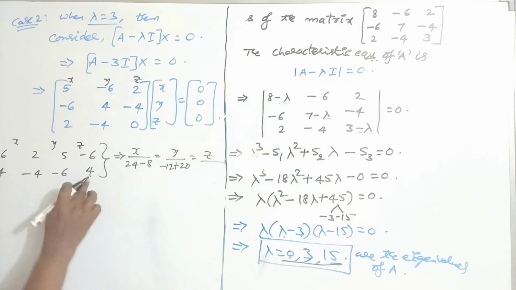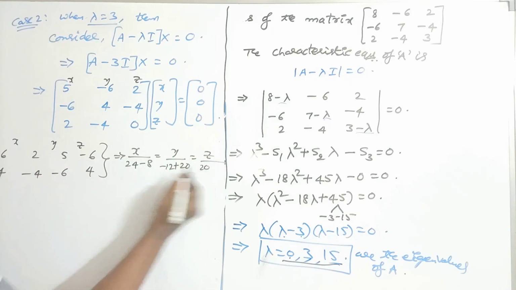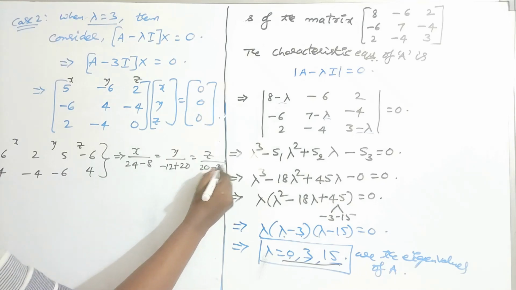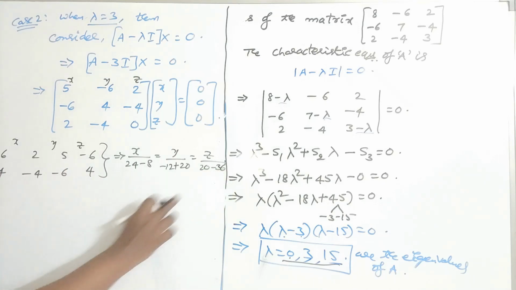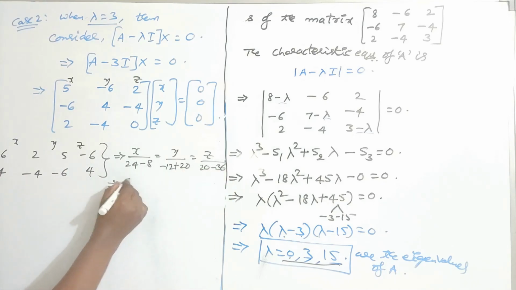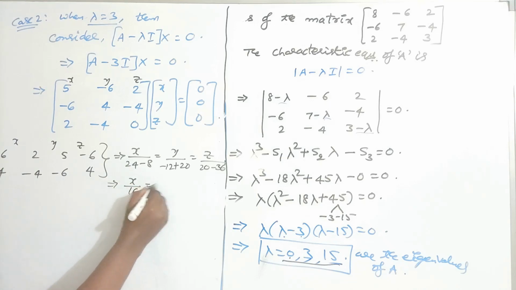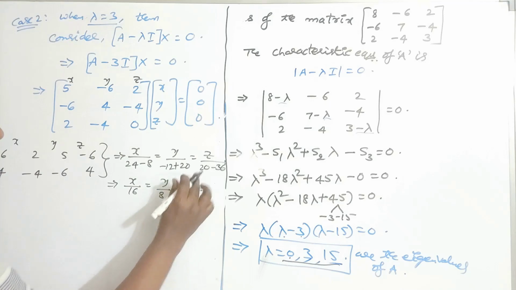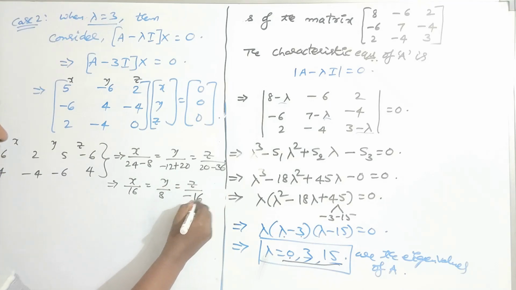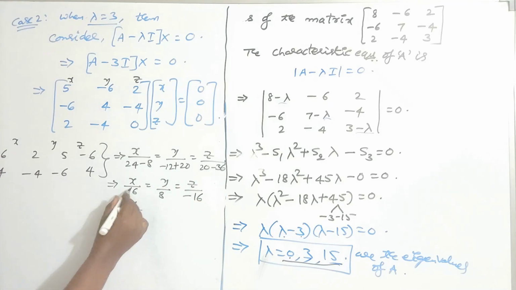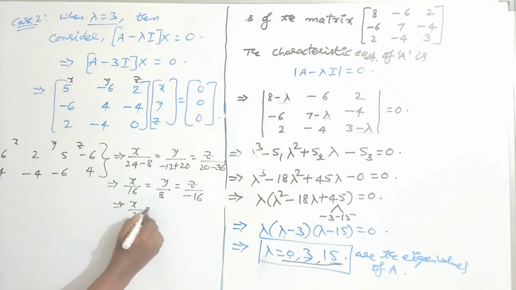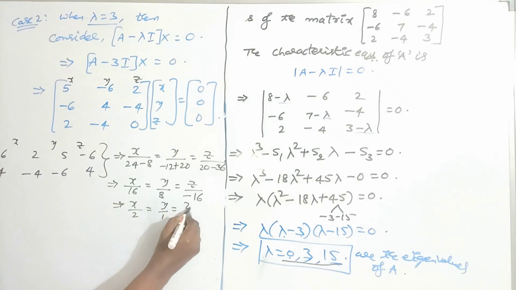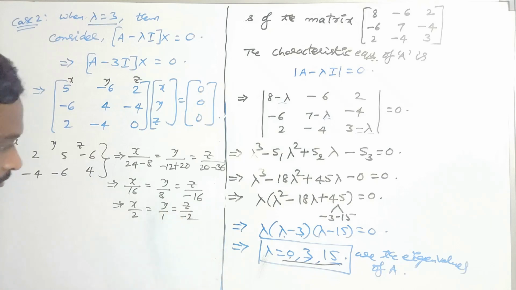Z by 5 4s are 20. Minus 36. 3 negative signs are there, that's why you are getting a negative sign between them. X by 16, y by 8, z by negative 16. So 8 gets cancelled. X by 2, y by 1, z by minus 2.